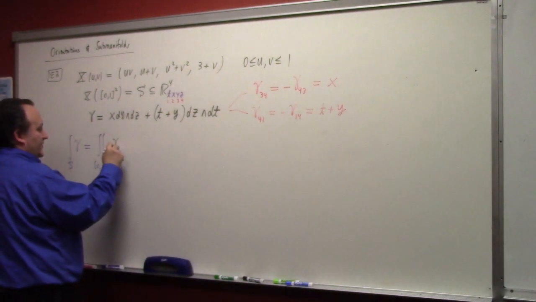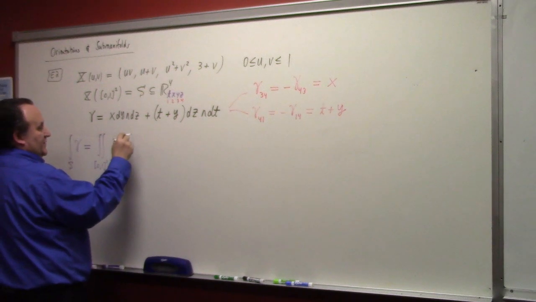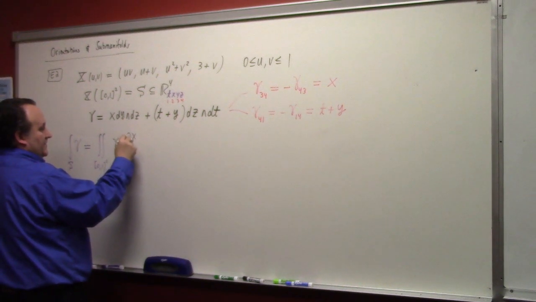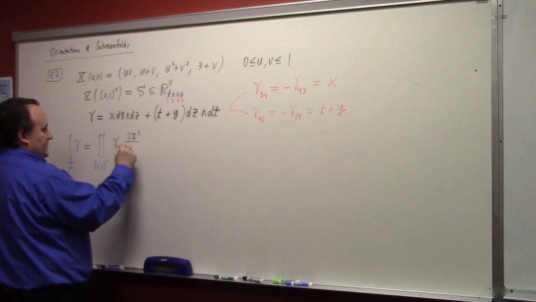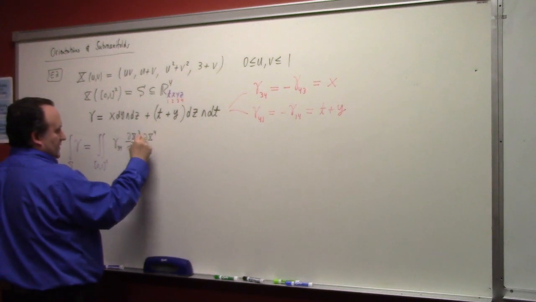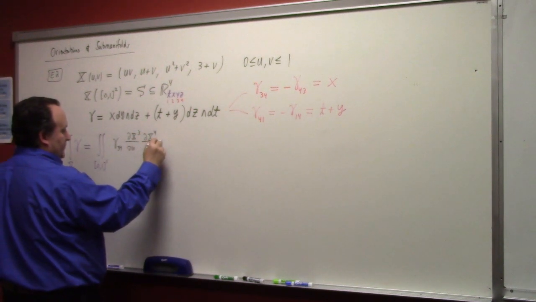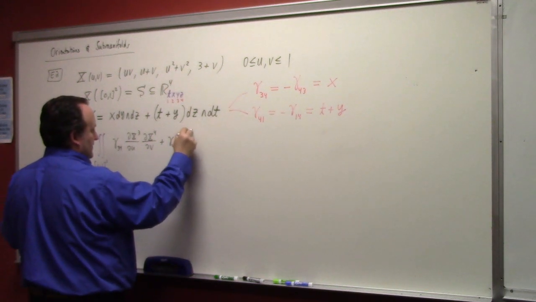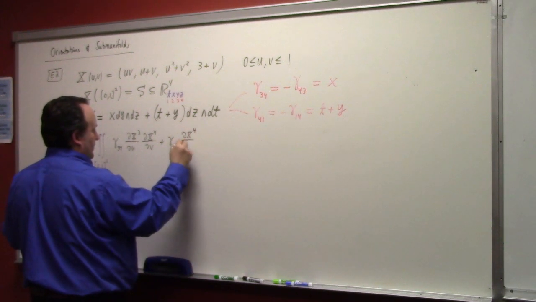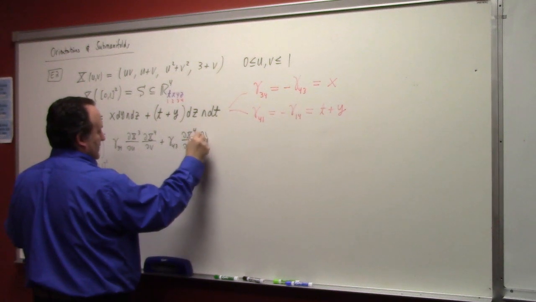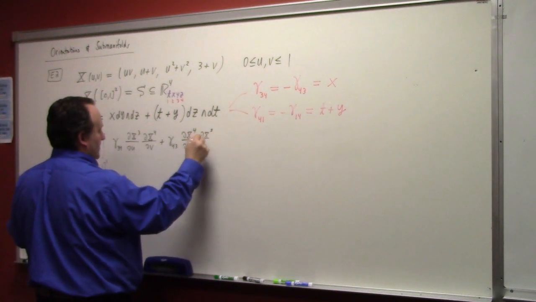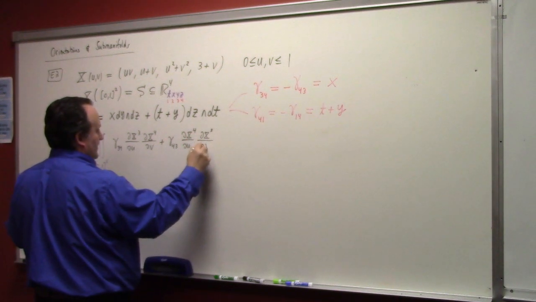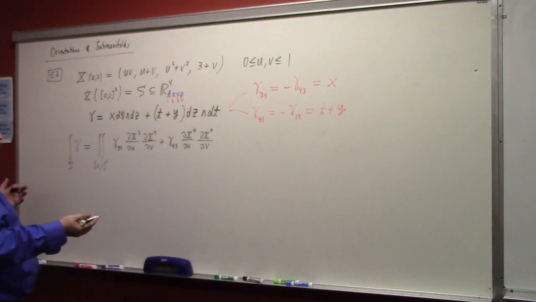So I have gamma 3,4, and then I'm supposed to do partial x3 partial u, partial x4 partial v, and then plus gamma 4,3, partial x4 partial u, partial x3 partial v, right?